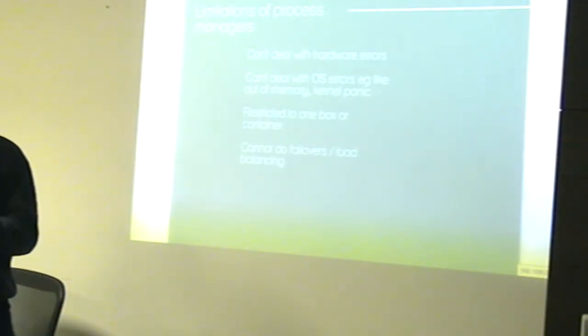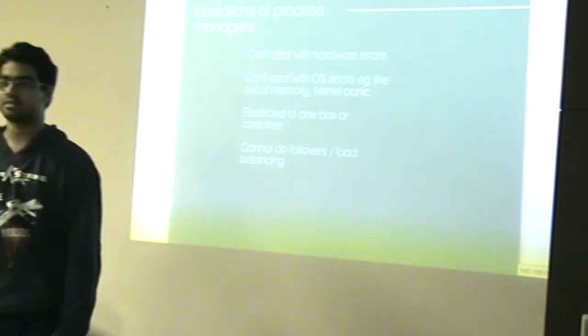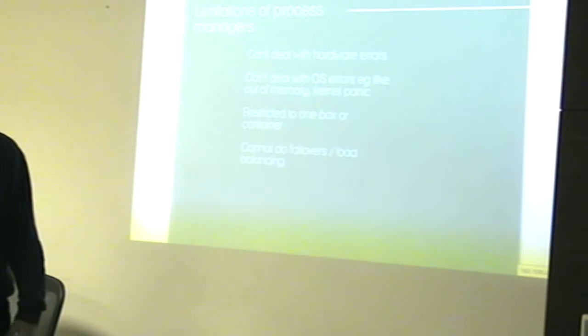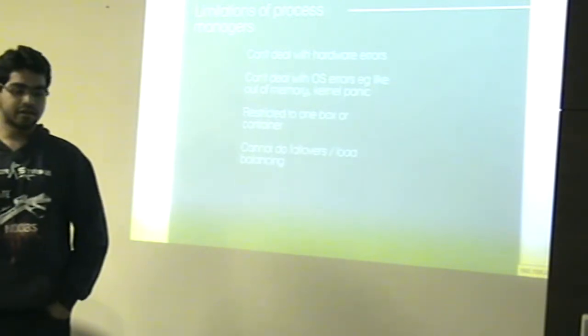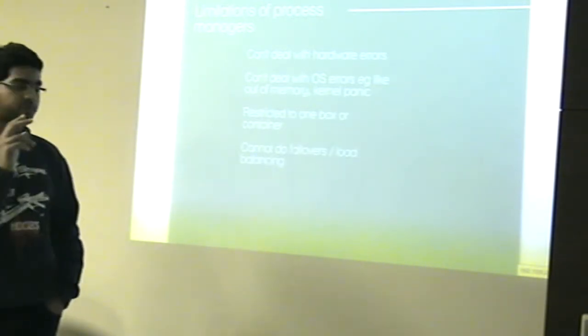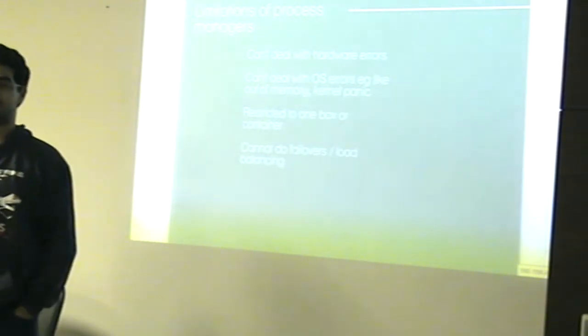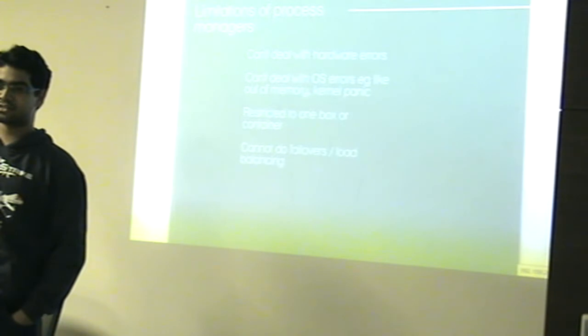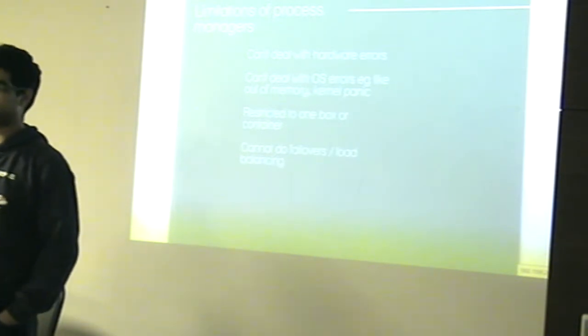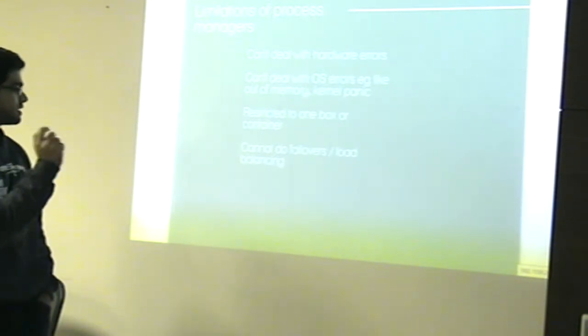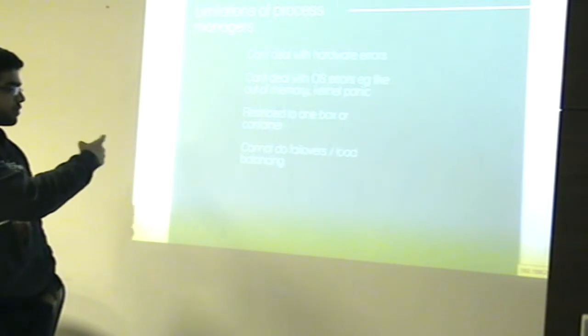A process manager can't deal with things like out of memory situations or kernel panics, and the perspective of a process manager is restricted to that particular box or that particular container. It can't go outside and check what things are happening at a data center level, and it cannot execute failovers or do load balancing.